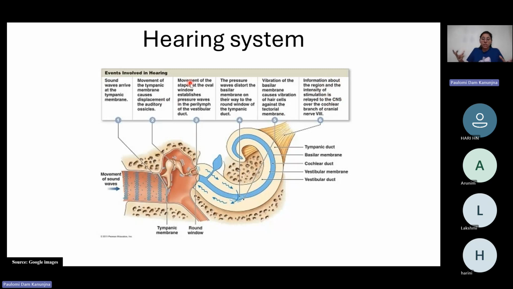Then, based on the frequency of the sound, the amplitude, how quickly and how loudly it is coming, and from where it is coming, that's how we respond. If a sound is coming from our right, we will move towards the right, unless we don't want to, then we move towards the left. But that decision is based on the perception of the information by the ear.